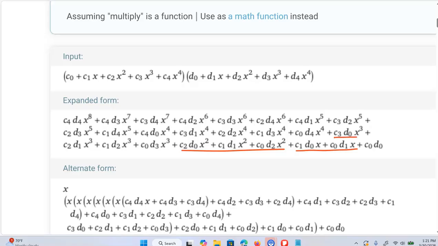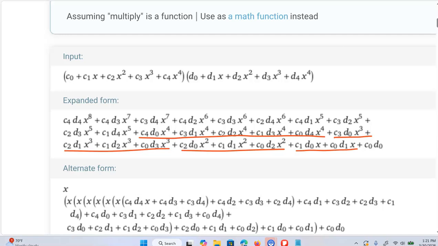Same thing with the x cubed terms here. I started with c sub 3 d naught, then c sub 2 d1, and then c1 d2. So the c's are decreasing in subscript, the d's are increasing in subscript. And that's going to happen for all of those expansions and summations.